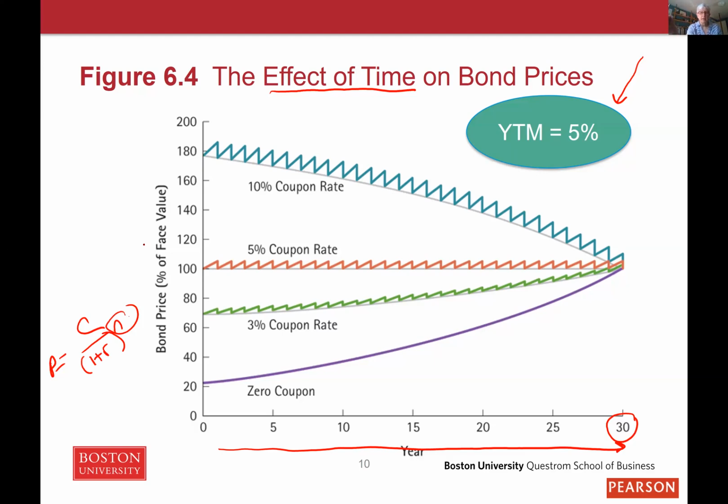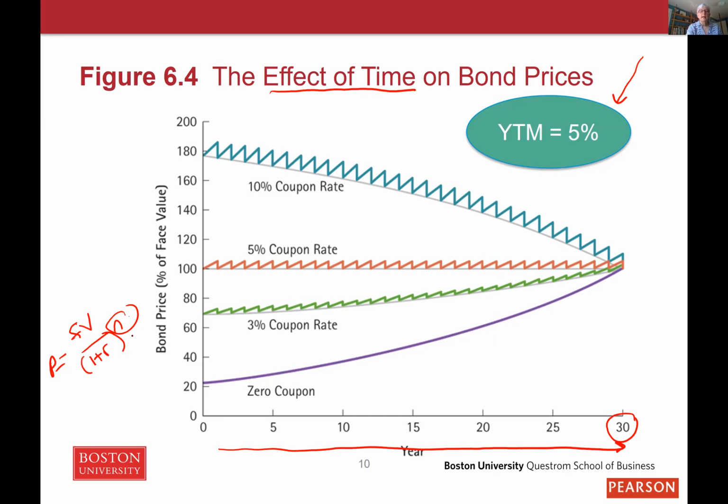N is changing. So we're going to start with this zero coupon bond, just because it's simpler to see the point, and then we'll reiterate it for those coupon bonds. With the zero coupon bond, the only cash flow that you're going to get is that face value.